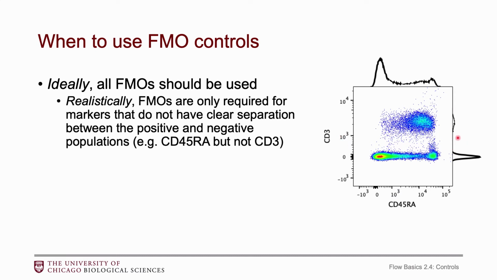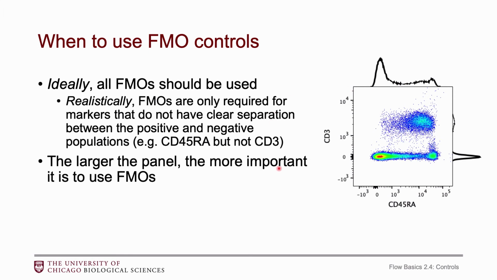So the on-off pattern, like the histogram of CD3 here, is so distinct from the negative population that you don't really need a control to help you draw a gate on that. However, if you compare that to CD45RA, which is a secondary antigen, it has that sort of continuum or smeary pattern, then you would benefit from an FMO to determine what is CD45RA positive versus negative.